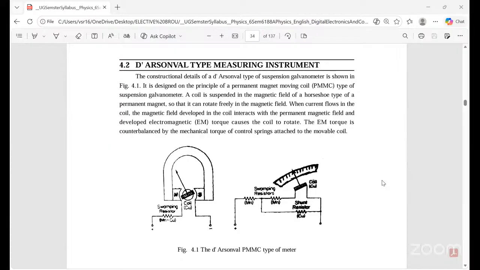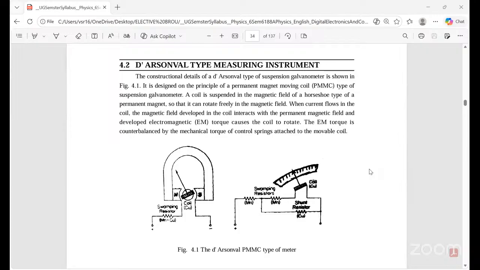So in such a way, one type of instrument is there. That instrument is the D'Arsonval type system. It is designed on the principle of PMMC, that is permanent magnet moving coil. So that is a permanent magnet moving coil type of suspension galvanometer.